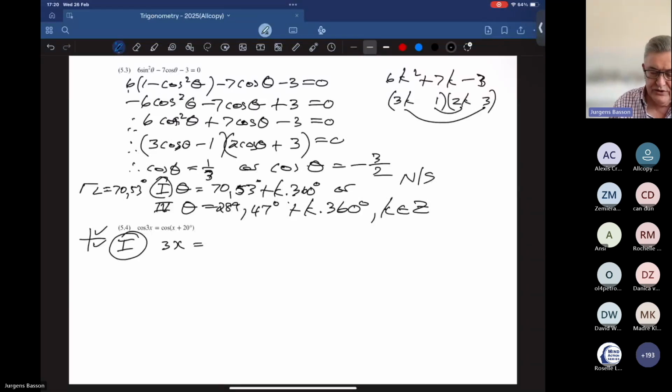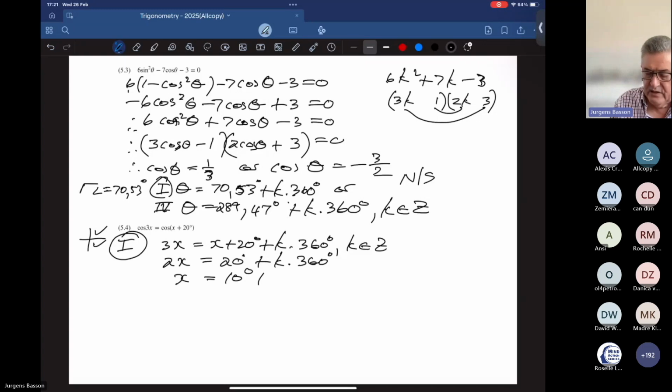In the first quadrant, 3x is equal to x plus 20 plus k times 360. If I take the x across, I get 2x is 20 degrees plus k times 360, and x is equal to 10 degrees plus k times 180.